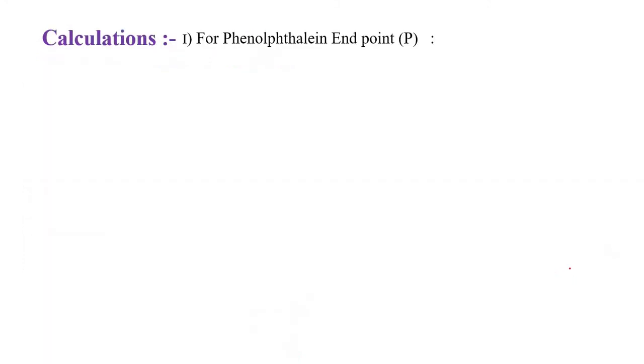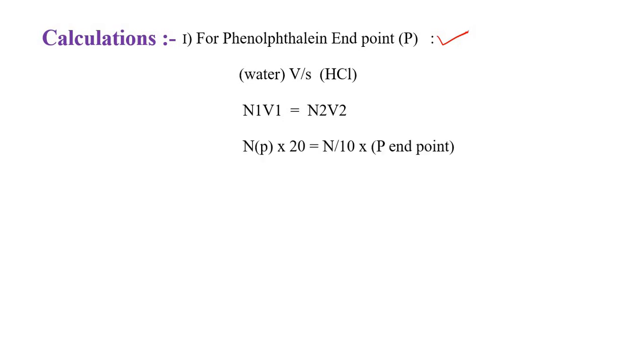So in the calculation, first of all, we'll see the phenolphthalein endpoint, that is P, as we have taken this water sample and HCl solution. So by applying the formula N1V1 = N2V2, N, that is the normality for the P endpoint, multiplied by 20, equals N/10 multiplied by P endpoint.